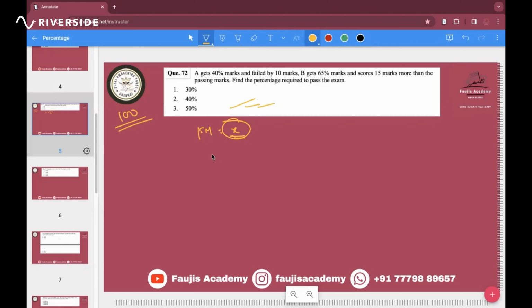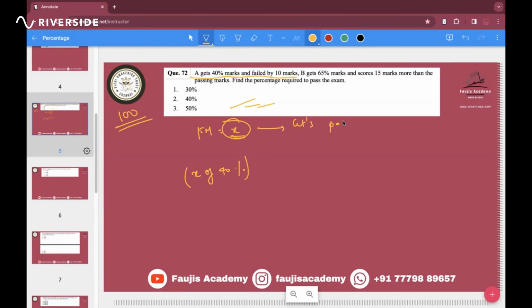No, sir. So A gets 40% marks and fails by 10 marks. So X of 40% he got. But he failed. This is the marks he got and he failed. Then let's pass him.